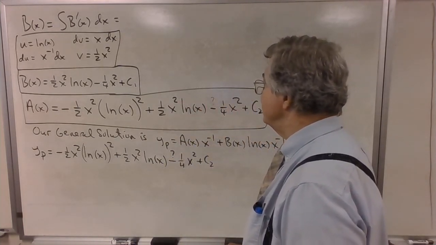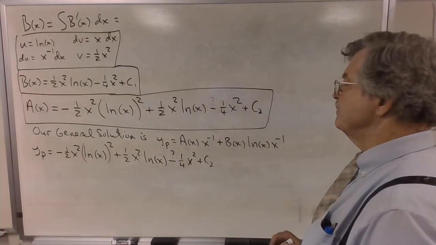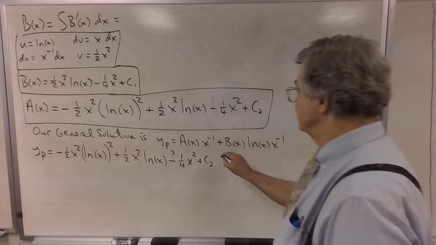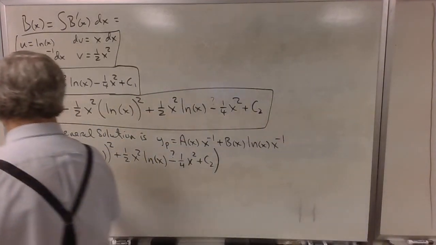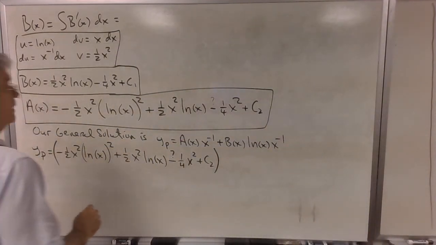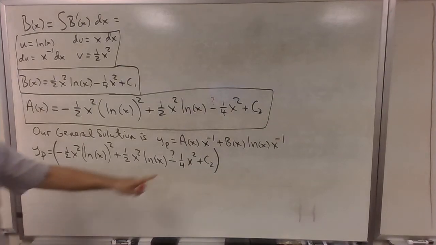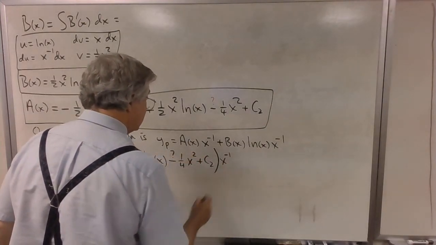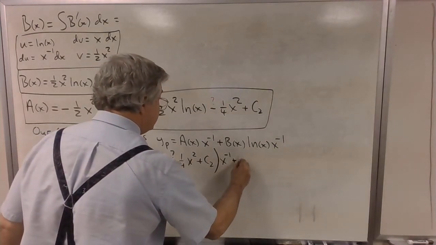So there's a of x. And I need to have x to the negative 1. And then plus b of x.